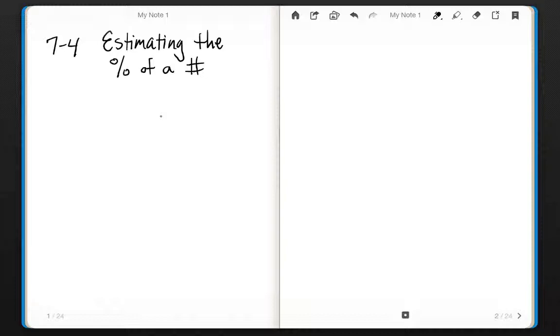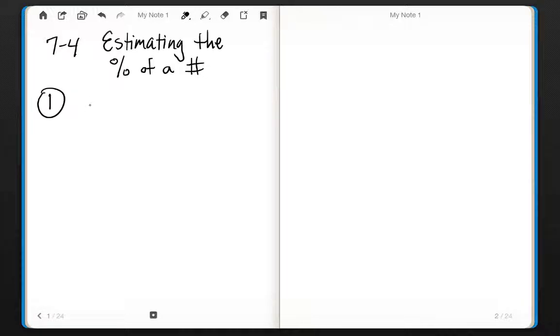Before we estimate, let's just talk about if we had something like 32% of 21. I want you to go ahead and use your calculator. Take your calculator out. You're not going to really need it for this lesson, but I'll let you use it for this one problem because it's a review problem.